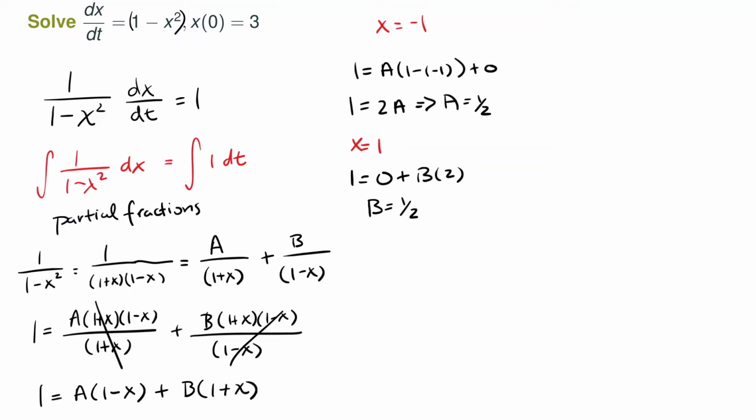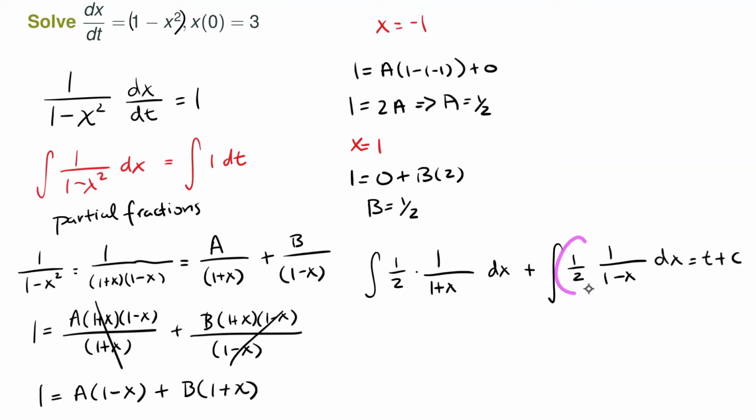So the left side of our original equation through partial fractions becomes the integral of 1/2 times 1 over 1 plus x dx plus the integral of 1/2 times 1 over 1 minus x dx. And we know the right side was just equal to t plus c.